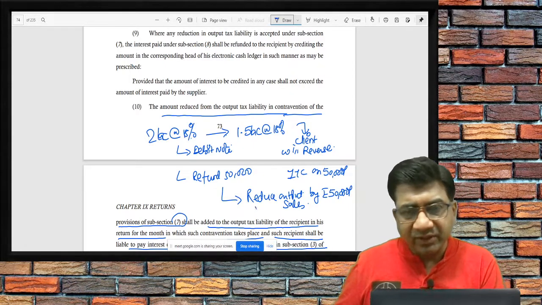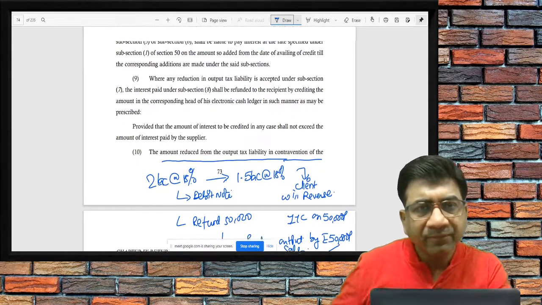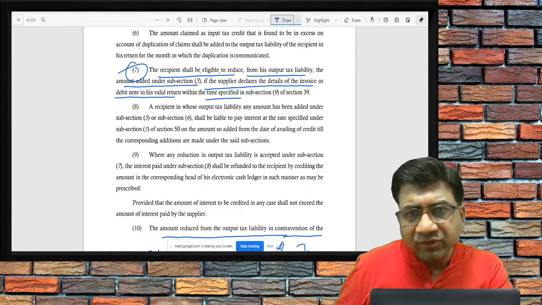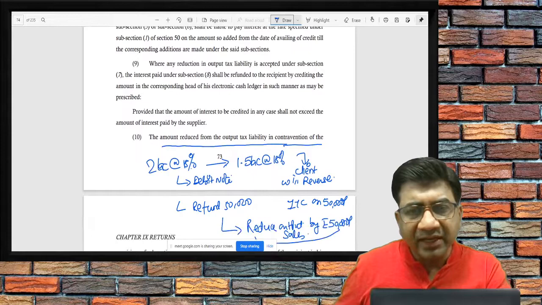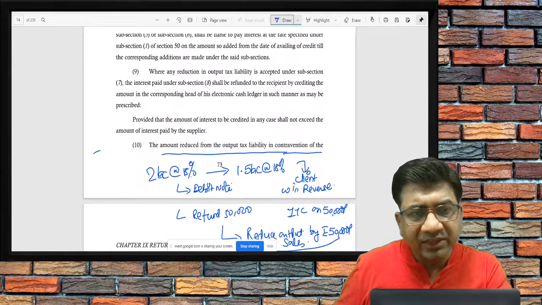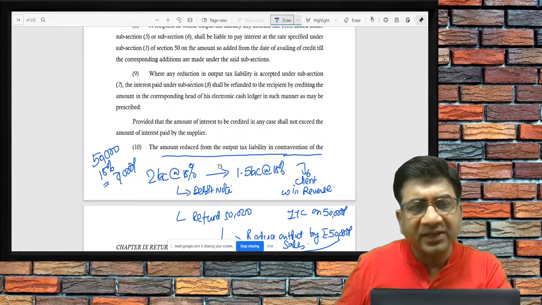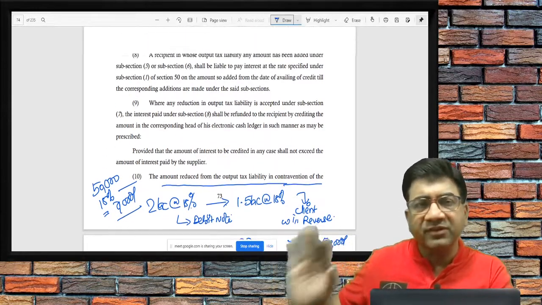So in the month in which the debit note was issued, now read this, then you will understand. The recipient shall be eligible to reduce from output tax liability, say 50,000 at 18%, which is 9,000 rupees. So I should reduce my output tax by 9,000 rupees. If my output tax is 40,000, I will pay 31,000.